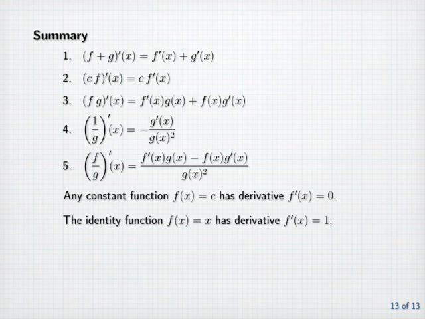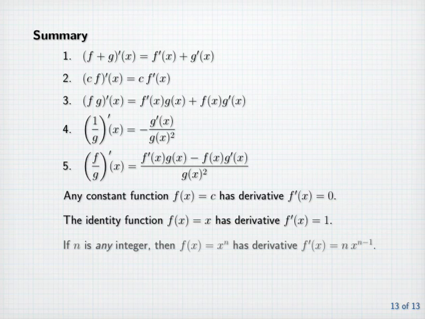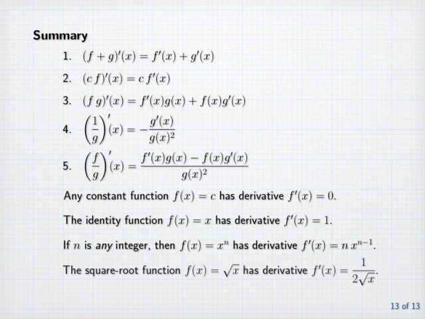The identity function f of x equals x has the derivative f prime of x equals 1. If n is any integer, then f of x equals x to the n has derivative f prime of x equals n times x to the n minus 1. This is our power rule. And finally, the square root function, f of x equals the square root of x, has derivative f prime of x equals 1 over 2 times the square root of x.